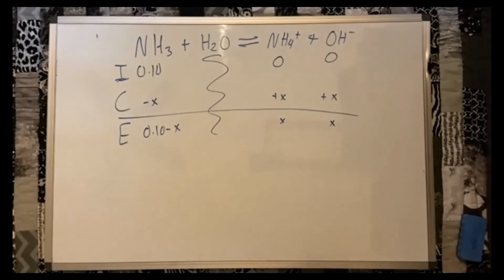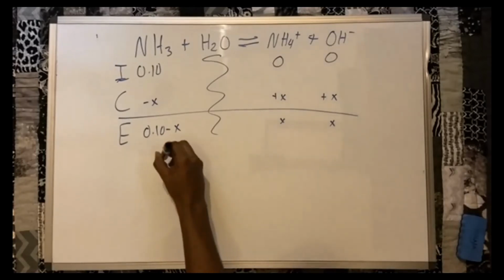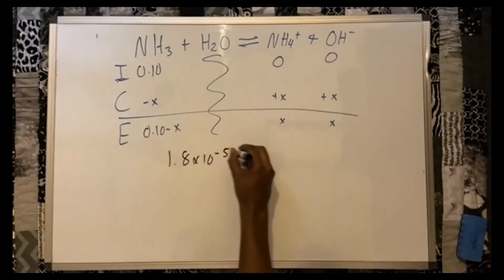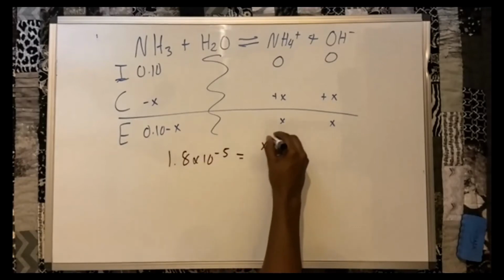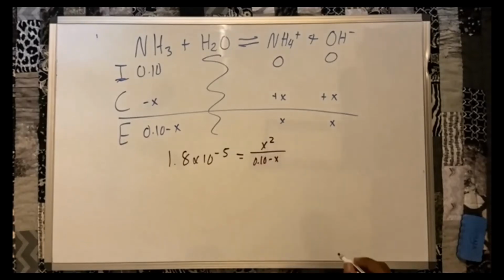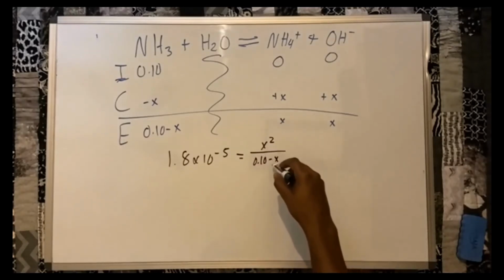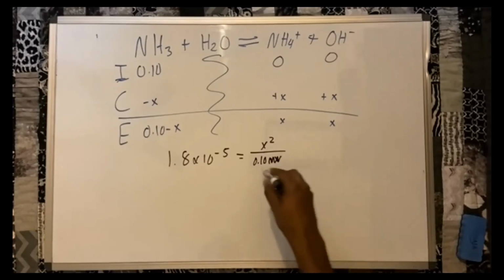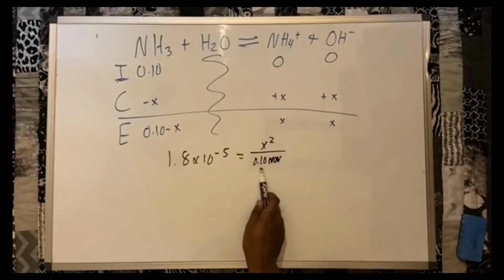Okay, so then doing your Kb expression. You had 1.8 times 10 to the negative fifth equals x squared over 0.10 minus x, right? You're going to assume x is small, so you get rid of this. You multiplied by your 0.1 and then took the square root.